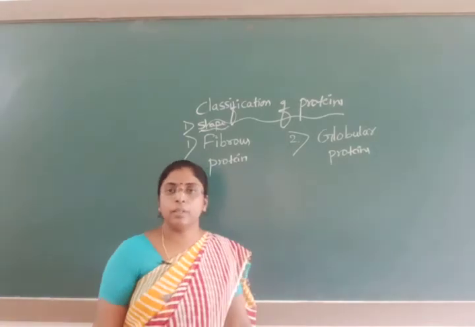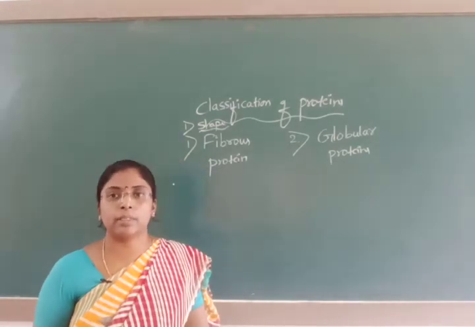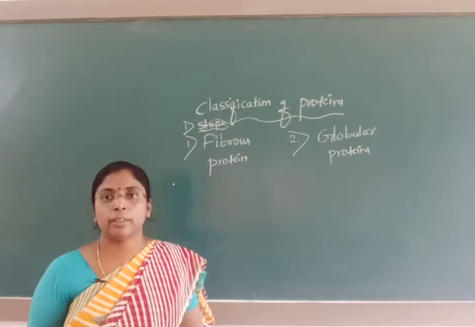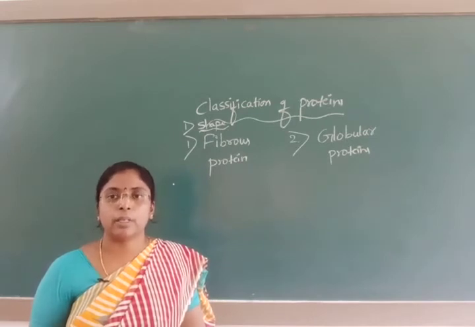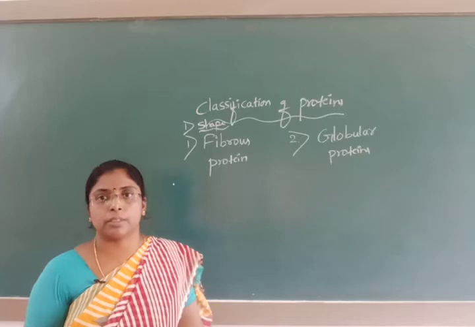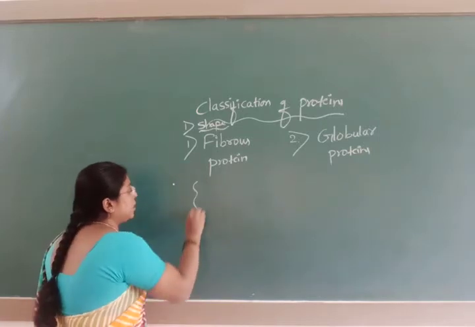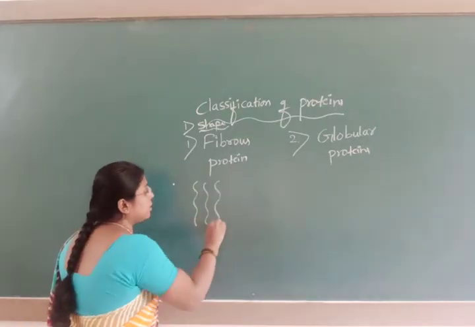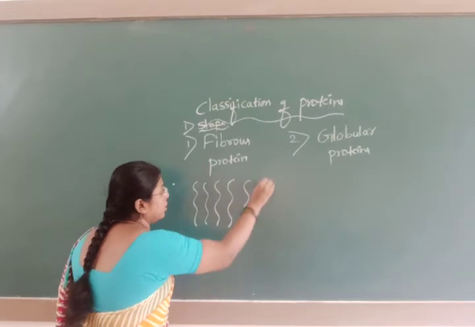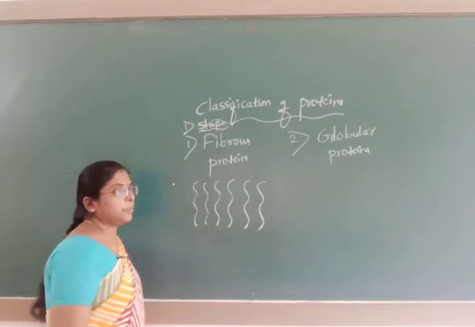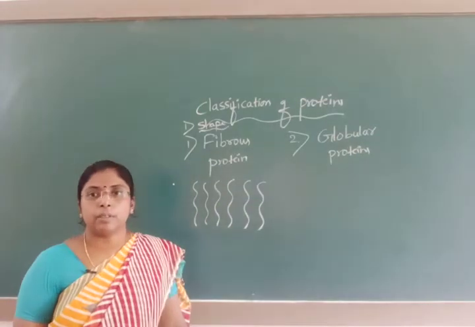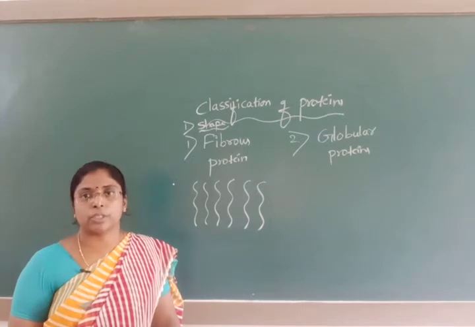Fibrous proteins, the word itself indicates these proteins have thread-like structures. Proteins are nothing but polypeptide chains. The polypeptide chains are thread-like in structure, hence the name fibrous protein. Fiber means thread-like structure.